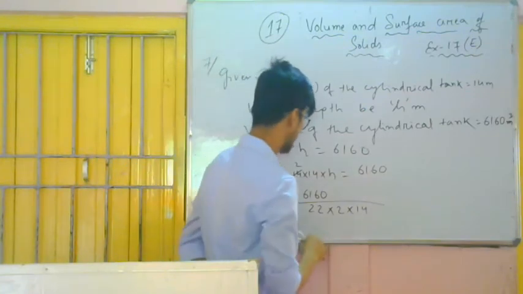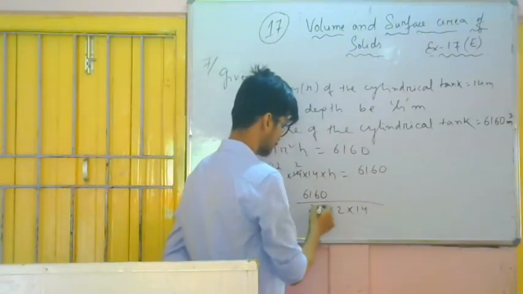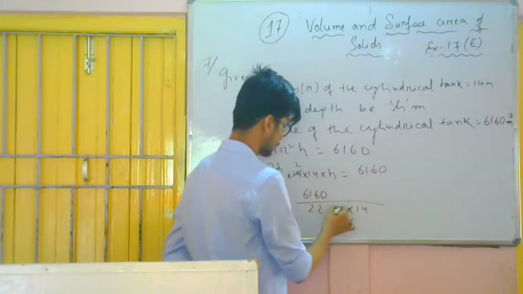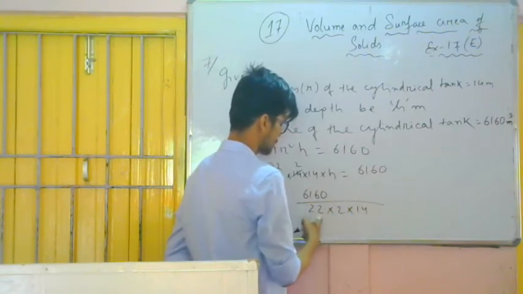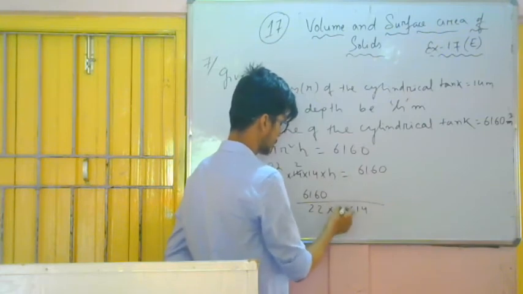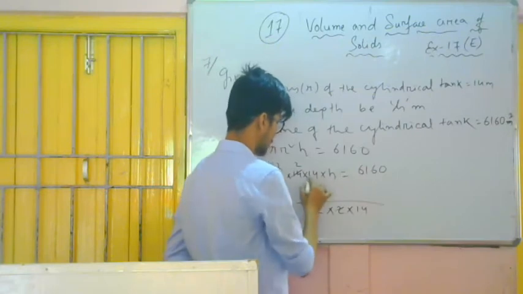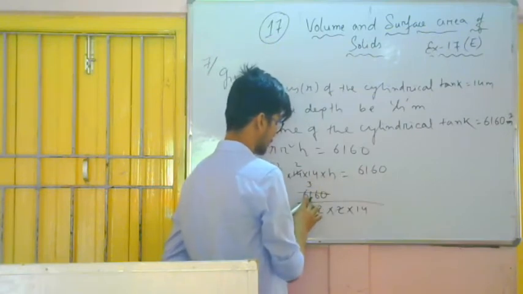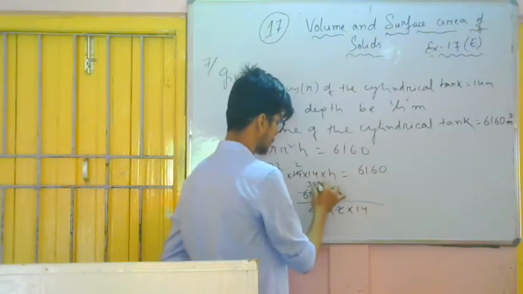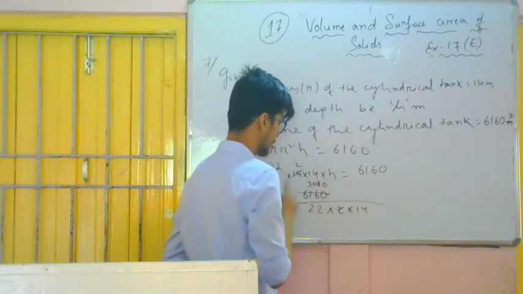So if I cancel it with 2, 2 3s are 6, then 1 left, 16, 2 8s are 16, 0, 3080.